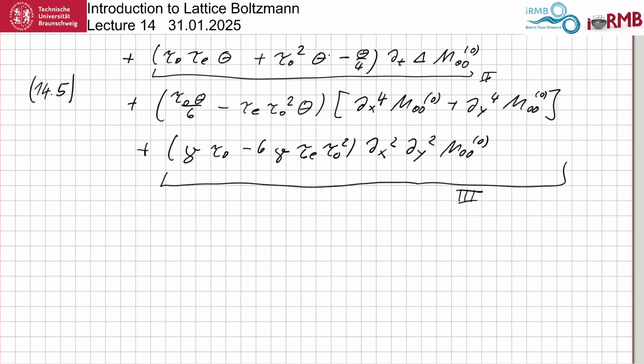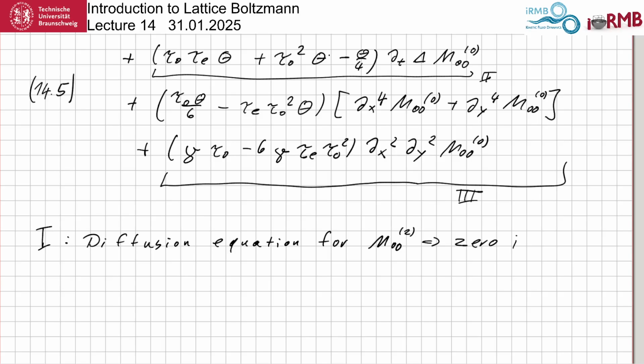So let's specify these 3 parts. So one is the diffusion equation itself for m0 to second order.